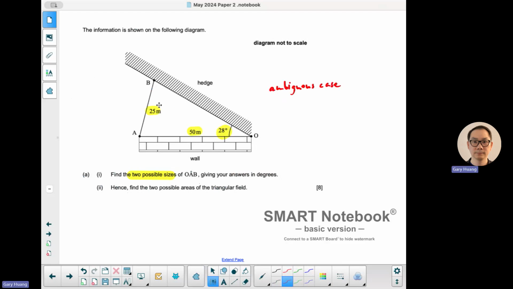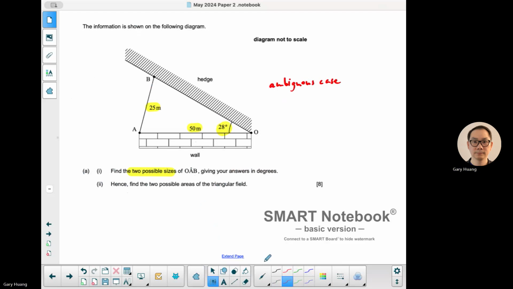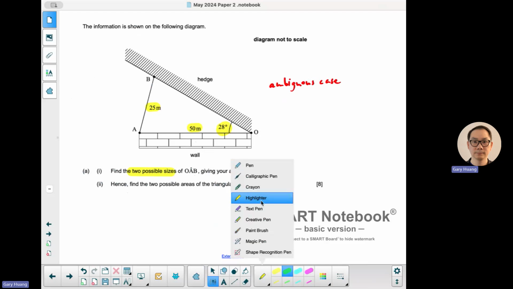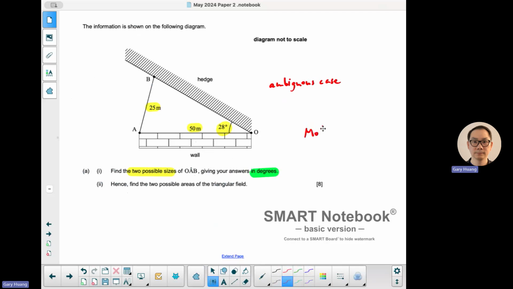You're given an angle and two side lengths, and the question is asking for two possible sizes, which is a hint that this is an ambiguous case. Another thing you have to pay attention to: the answer must be in degrees. So if you're using a TI-84, change the mode to degrees, or else your answer is not going to be right.